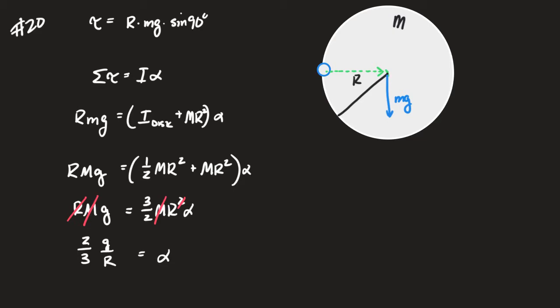All right. Well, if I was writing a question, then the next thing I would ask is how fast is it going when it reaches the lowest point in its motion? So in order to consider that, let me draw this a little bit smaller. I have the cylinder here, and it's rotating about this point.